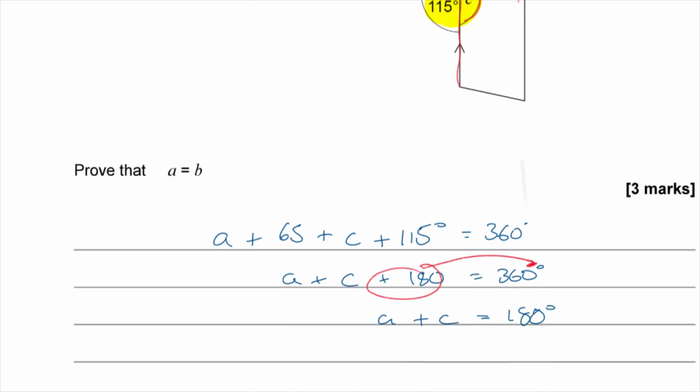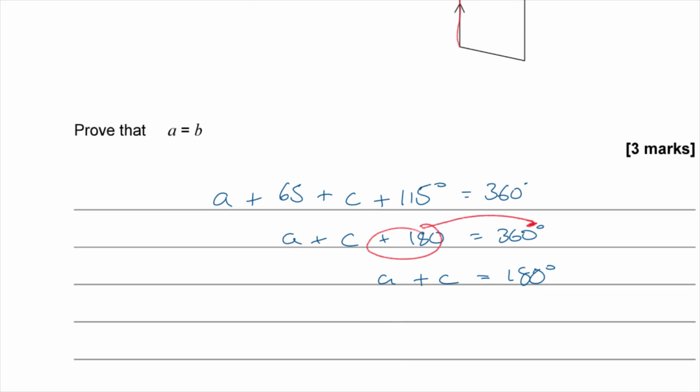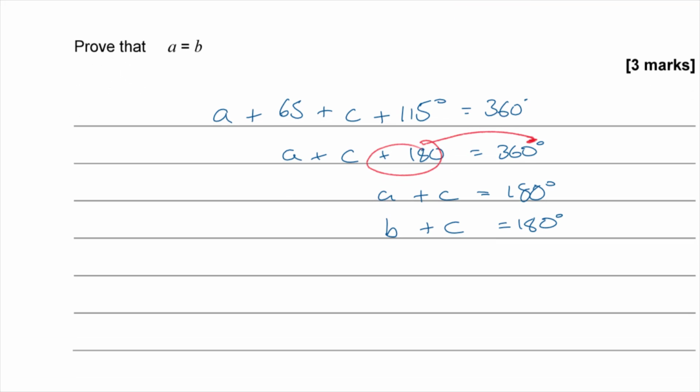So we know also that B plus C is equal to 180 degrees. Now comparing those two things, if A plus C is equal to 180 degrees and B plus C is equal to 180 degrees, that means that A must be the same thing as B.